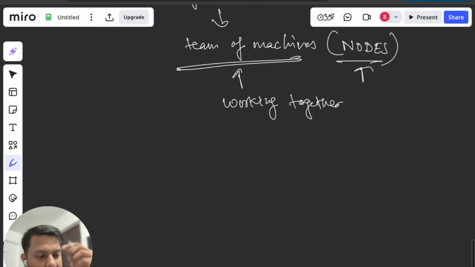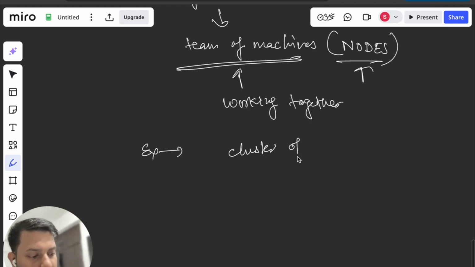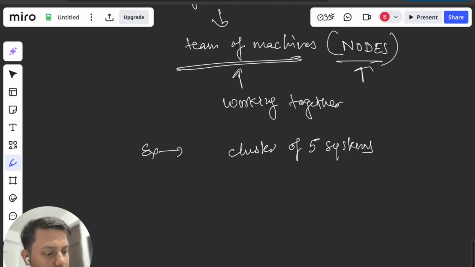Let's take an example. Suppose we have a cluster of 5 systems. In the cluster of 5 systems, let's assume each has 4 cores and 8 GB of RAM.